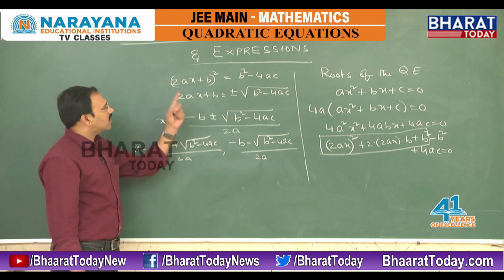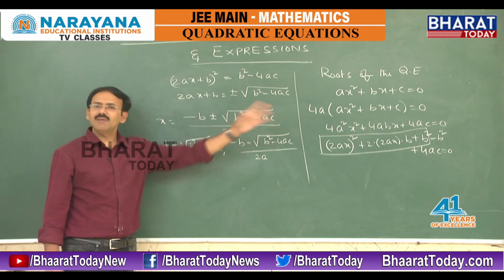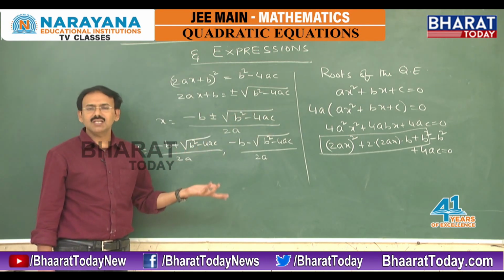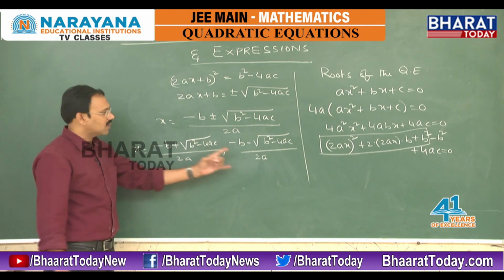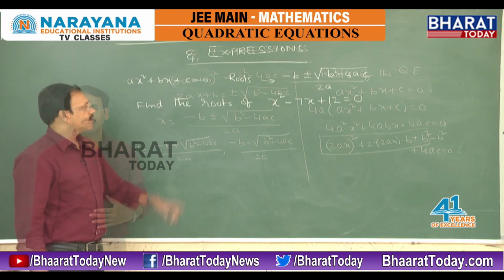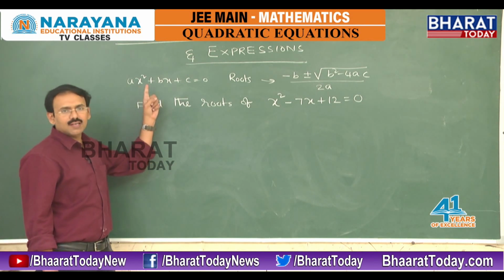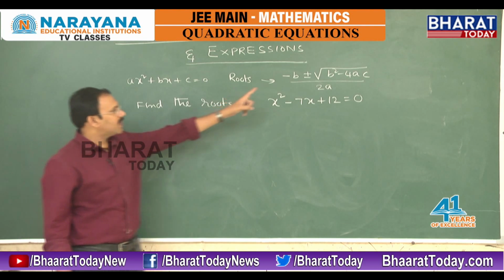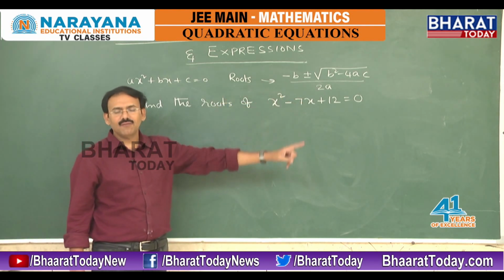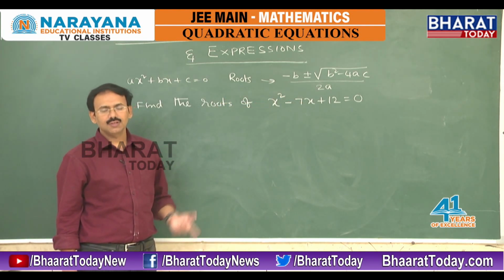For example, if you take a quadratic equation, there will be two roots, may be distinct, may not be distinct. Overall, you can find two roots. So for every quadratic equation ax² + bx + c = 0, by using this formula, we can find the two roots. Right.